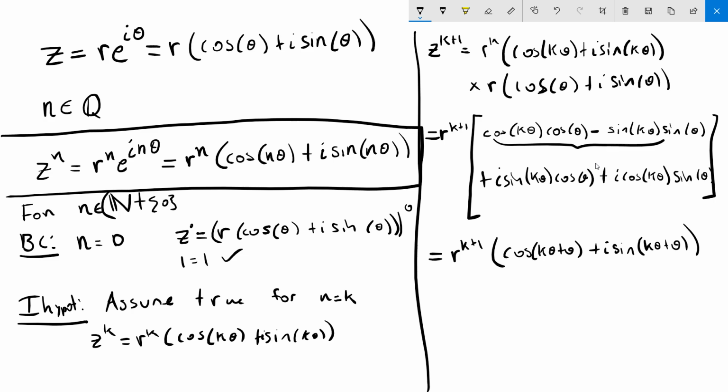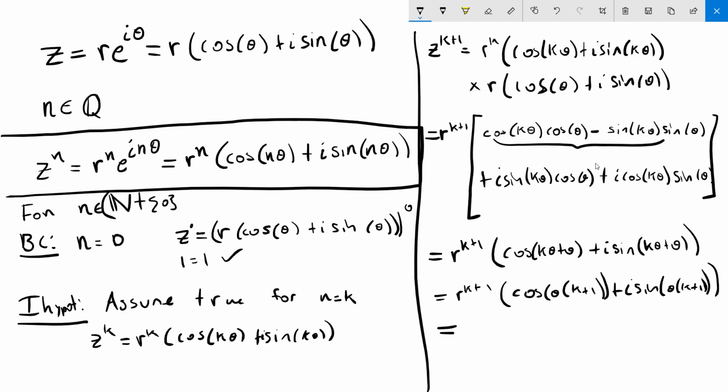All we have to do is factor a theta out of each of these terms inside our trig functions, and we end up with r to the k plus 1 times cosine of theta times k plus 1, plus i sine of theta times k plus 1.